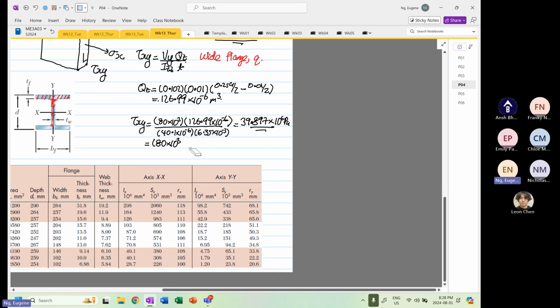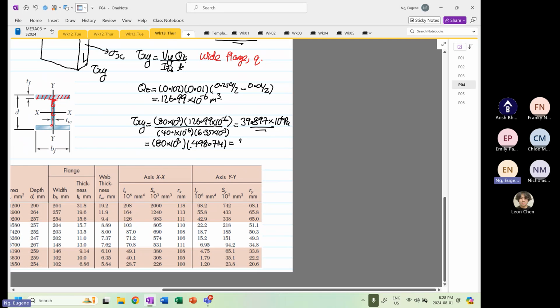And then the coefficient, the three terms merge together, because later on when we do the calculation again, we don't need to press our calculator so many times. 40.1 power minus 6 divided by 6.35 power minus 3, close bracket, is 498,714. Because later on when we calculate other positions, that coefficient is going to be the same.